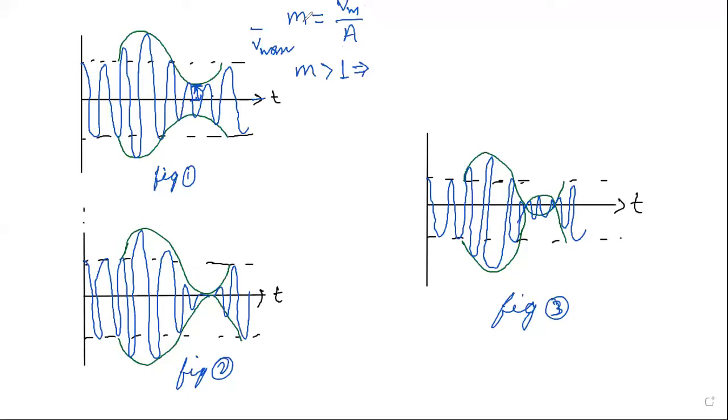m is what? m is the modulation index. And for properly detecting the modulating signal, this modulation index should be less than 1.